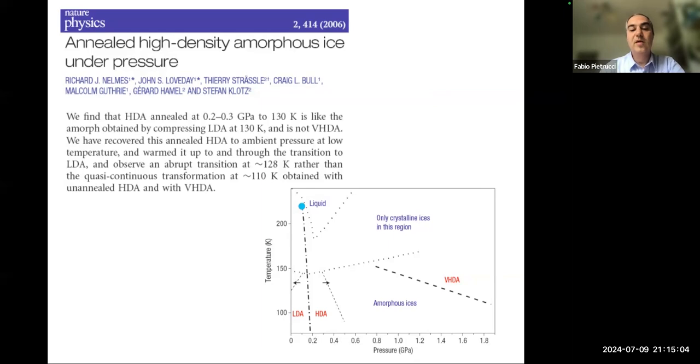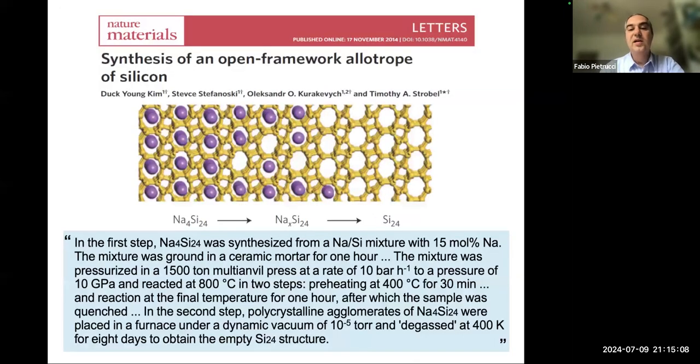So of course, the amorphous systems are an example, but also non-amorphous systems. This is another work from our lab, where they synthesized an open framework allotrope of silicon some years ago. So here again, in this case, you want to reach an ordered structure, but again, an unusual one because it's open framework, it's not very compact. And then the way to do it is really complicated. Once again, if you read the article, you find something that looks really like a kitchen recipe.